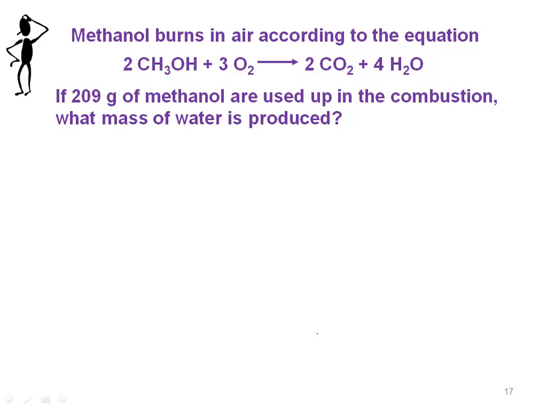Let's look here at an example problem of methanol. Methanol burns in air according to this equation. If 209 grams of methanol are used up in the combustion, what mass of water is produced? So, first things first, what do you have? 209 grams of what? Methanol. What are you trying to get? What do you want? Water. What about water? Grams of water. Very good. So that's how you set it up.